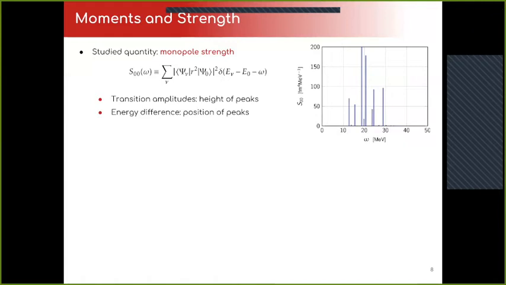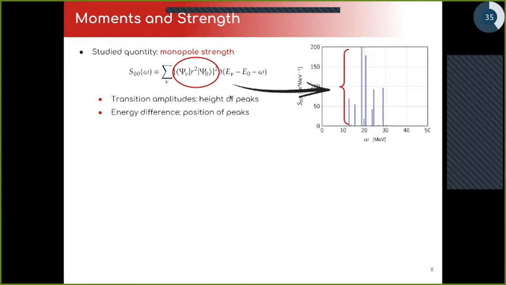In the results section, I will be mostly showing the monopole strength of the resonance. What is this quantity? Let me briefly recall for those who are not familiar with this. In the monopole case, the strength is described by the transition element between the excited state and the ground state, where the operator which mediates the transition is the mean square radius.